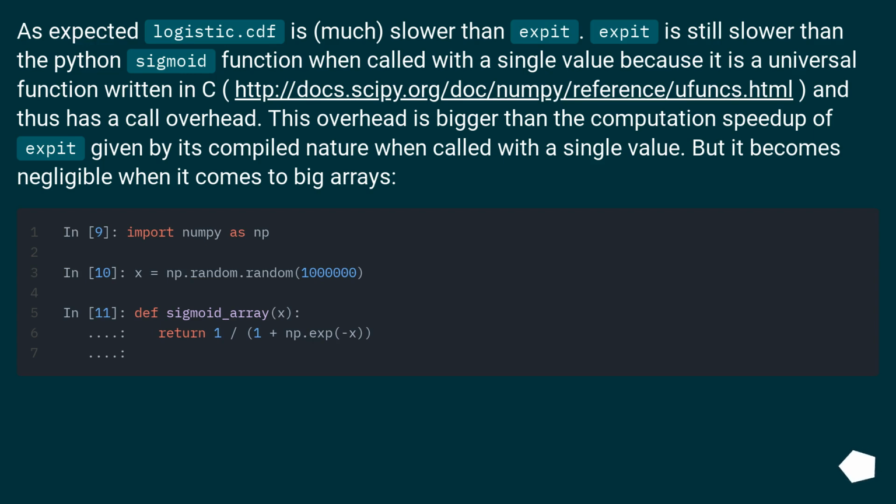This overhead is bigger than the computation speedup of expit given by its compiled nature when called with a single value. But it becomes negligible when it comes to big arrays.